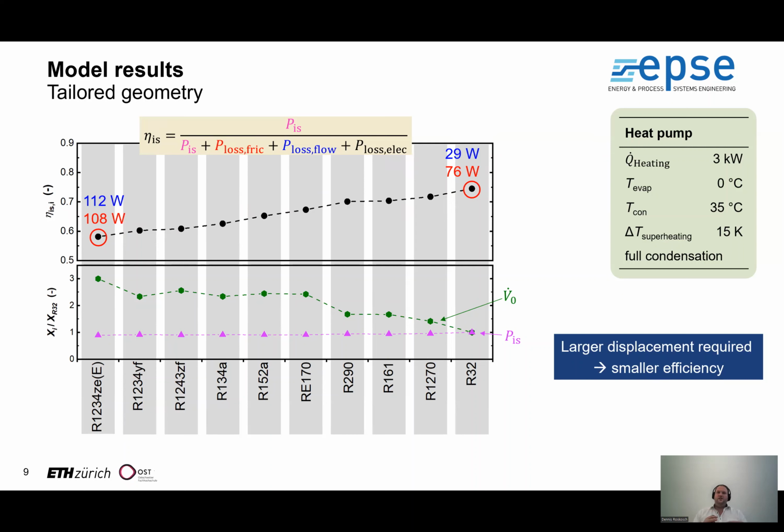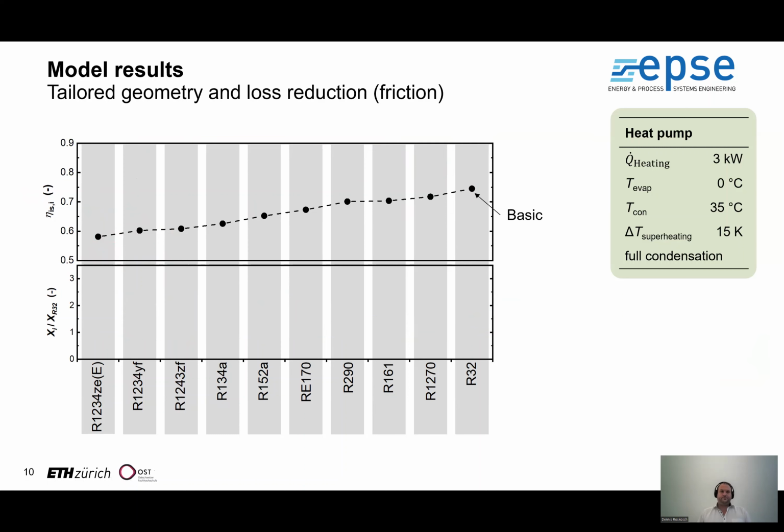Of course, the valve area can be increased if the piston diameter is increased, but the volume flow rate through the valves increases even more. And that is why refrigerants which require larger displacements, with smaller densities, have smaller isentropic efficiencies.